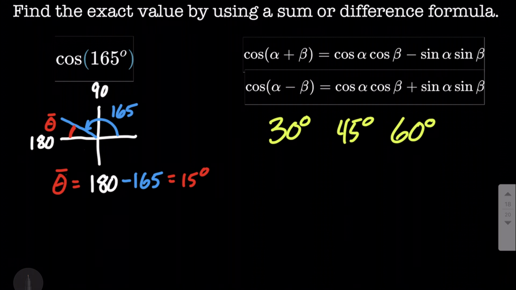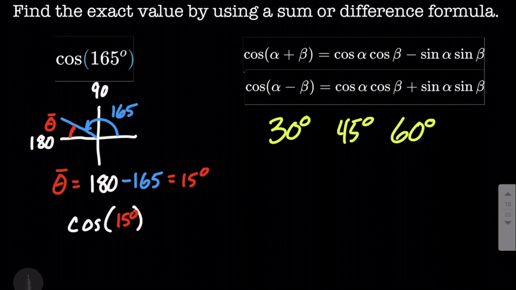What we'd like to do is plug that in and replace our cosine of 165 degrees with cosine of 15 degrees. However, we have to be careful here. Whenever we fill in a reference angle, we have to be careful about which quadrant the original angle was in. So 165 degrees fit us into the second quadrant.